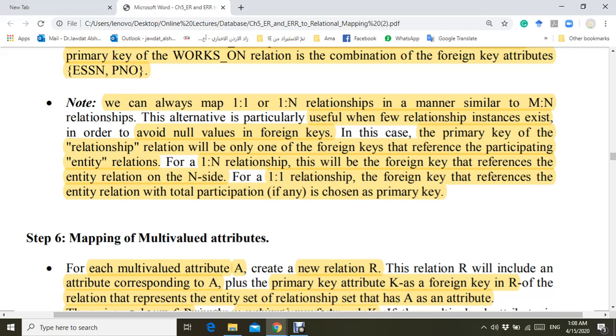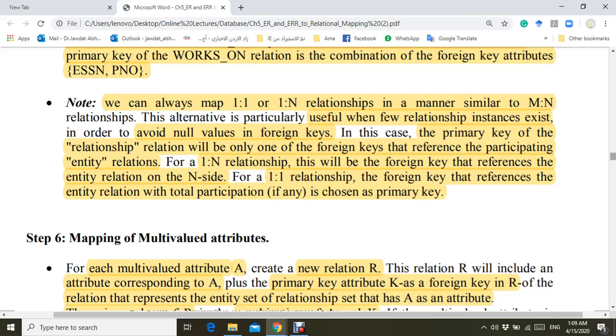For example, S and T: we make a relation R and put a foreign key from S and a foreign key from T in this R, besides the simple attributes of the relationship. So you have two choices in one-to-one and one-to-many, but you have no choice in many-to-many, because you have to make it a relation by itself, including foreign keys from the two relations besides its own simple attributes.